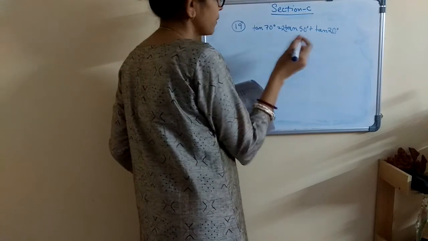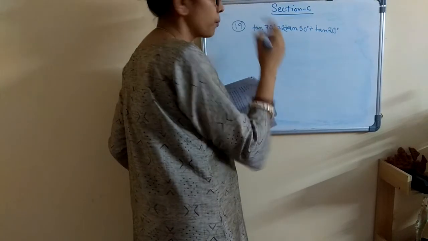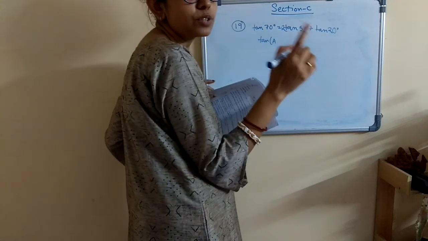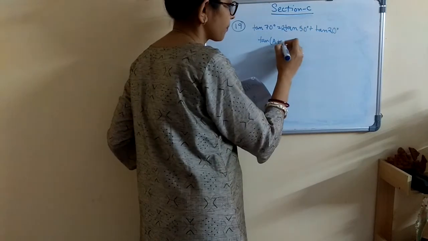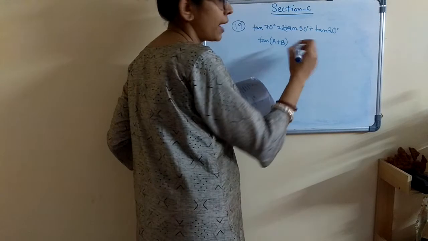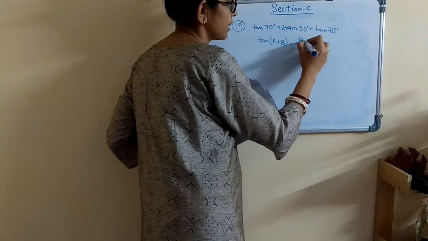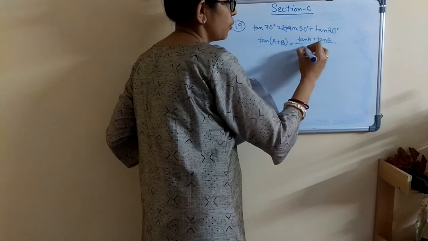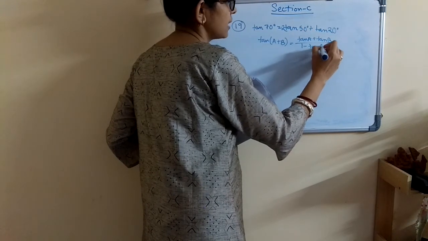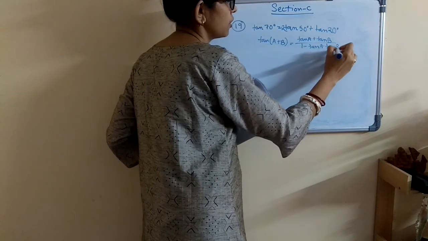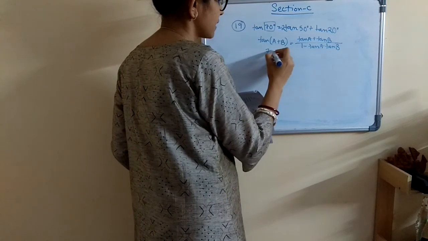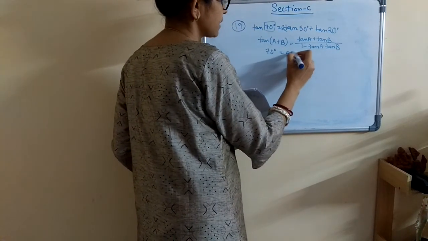So we will apply the formula of tan(a + b) is equal to tan a plus tan b divided by 1 minus tan a into tan b. Everyone will know this formula, 1 minus tan a into tan b. So now let's write 70 as 50 plus 20.